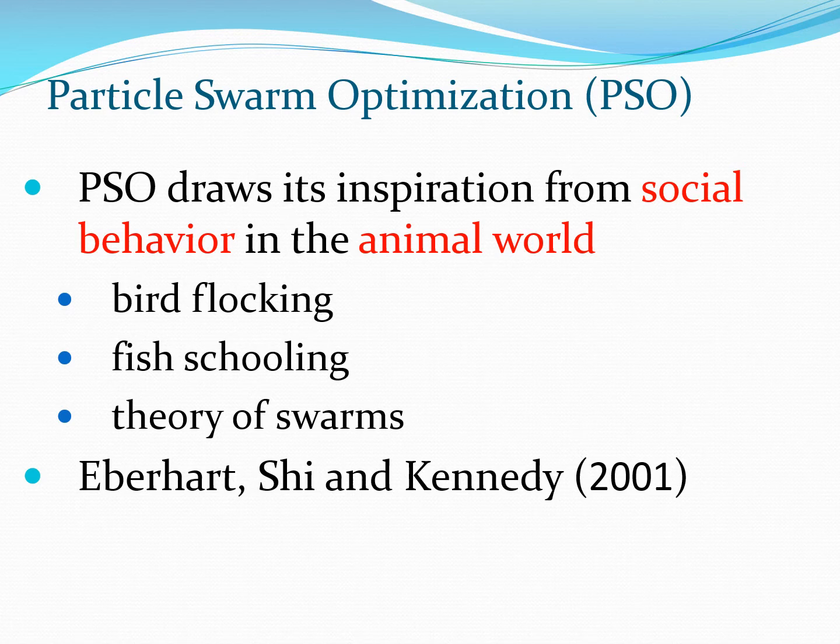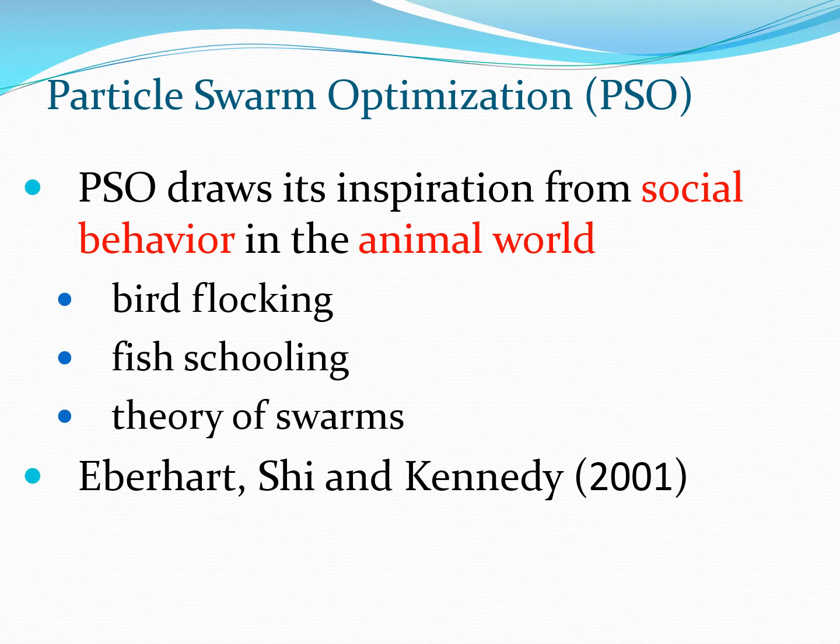So all these situations happen because there is something better to be gained by flocking together and having social behavior rather than having a purely Darwinian behavior of pursuing your own self goals.